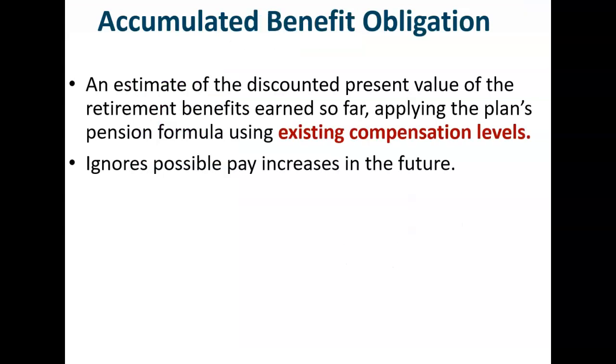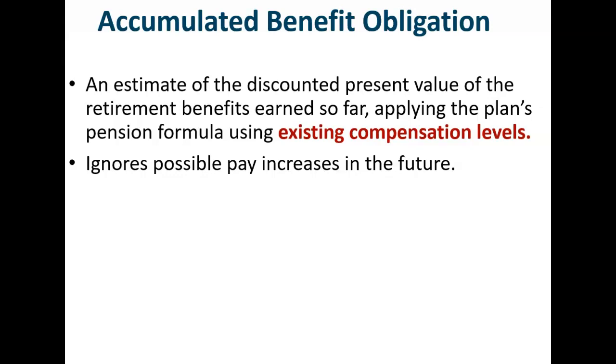The accumulated benefit obligation, ABO, is an estimate of the discounted present value of retirement benefits earned so far by employees applying the plan's pension formula using existing compensation levels.